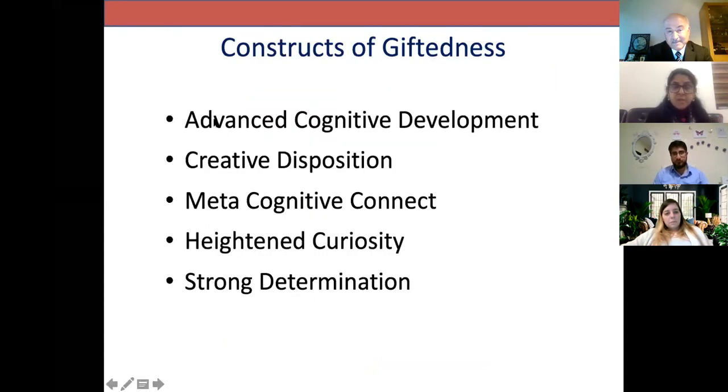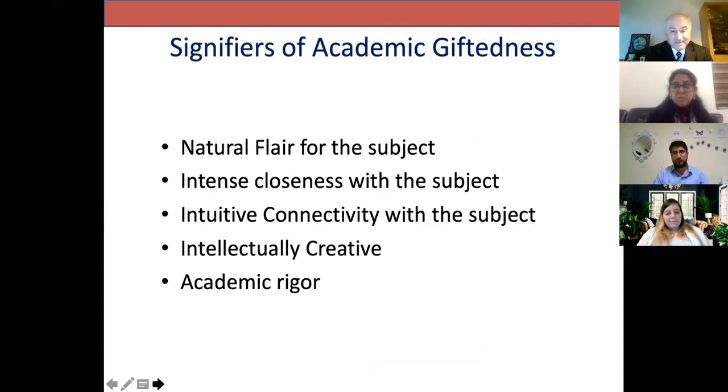So the constructs were advanced cognitive developments. The learner is able to achieve those cognitive milestones early. The creative dispositions, the metacognitive connect, heightened curiosity, and strong determination. For the subject specific, the academic giftedness signifies a natural flair for the subject, intense closeness with the subject, intuitive connectivity with the subject, intellectually creative, and academic rigor.